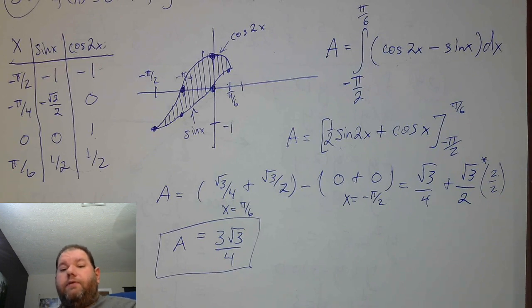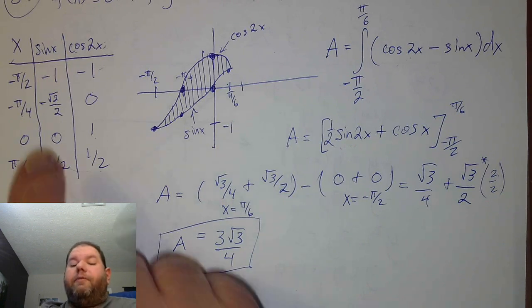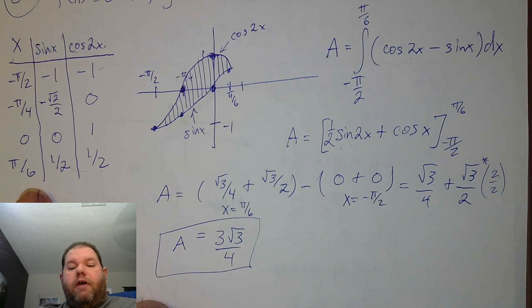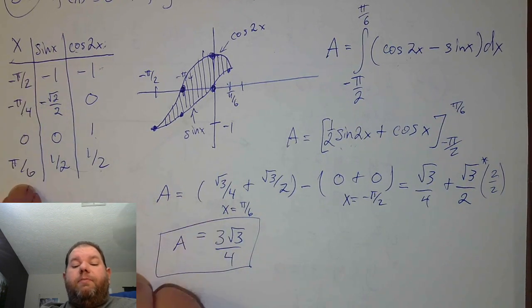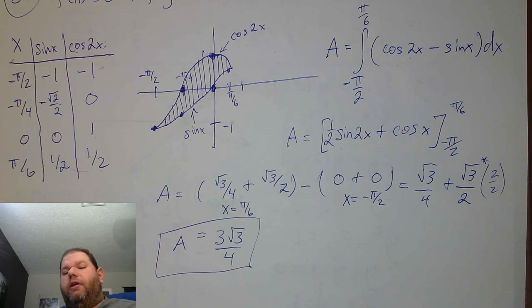Yeah, whenever we have our trig functions, especially if we're finding an area between curves, as we are in this case, it does make it a little more difficult because the graph ends up being a little bit more tricky. That's why I recommend making a chart of values, and not just the endpoints, but a couple of points in between, so we can get a little bit more definition to what the graph actually looks like, and it also helps us discern which graph is above the other.